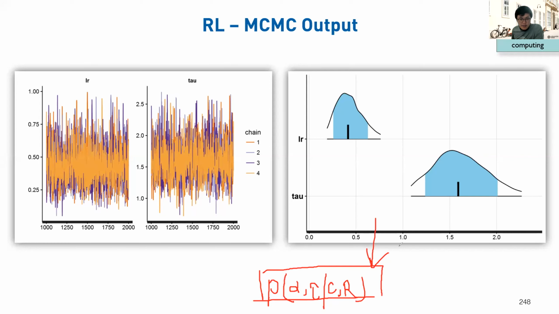This is the posterior parameter distribution that we would like to have, and this is the result that we would like to achieve using the Markov chain Monte Carlo, right? So how does the posterior distribution look eventually? This is already shown on the graph. This is the posterior distribution of alpha, the learning rate parameter, and this is the tau parameter, okay? Both of them together. Those are the results that we would like to have.